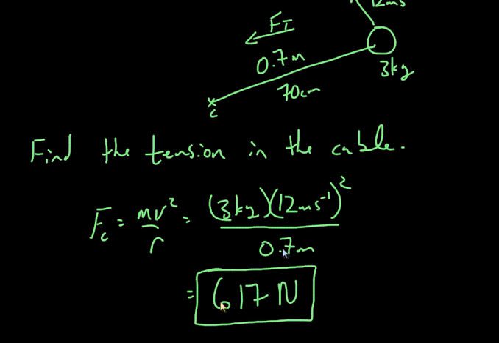If I make this shorter and shorter, I'm going to require a larger and larger force to keep it turning. And mass is linearly proportional to the force, so if I double mass, I double force as long as everything else stays the same. If r gets larger, the amount of force needed to keep it going at 12 meters per second is much less. Are you with me?